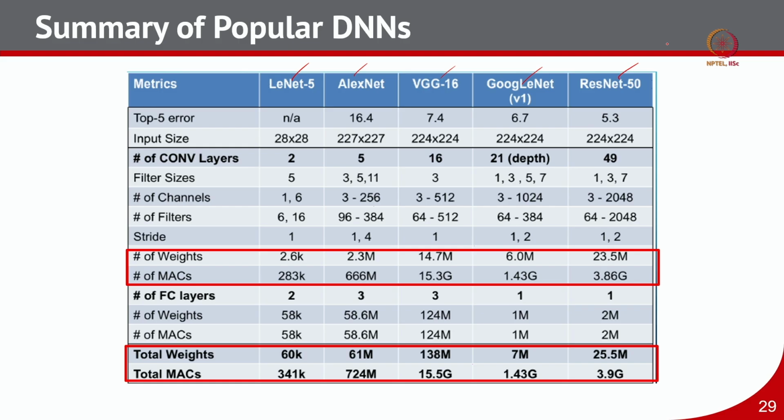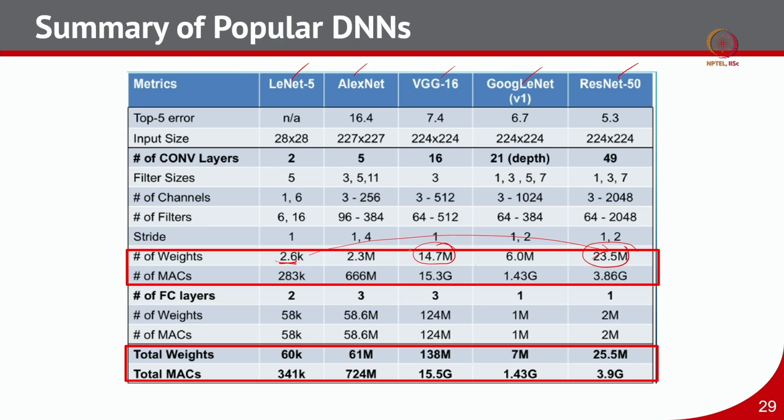If we see the number of weights as well as the number of multiply and accumulate operations in the convolutional layers, there is a huge increase over time from LeNet 5 to ResNet 50. The number of weights goes from 2.6 K for LeNet 5 to 23.5 million for ResNet 50. VGG16 also has 14.7 million weights, which is again very high.